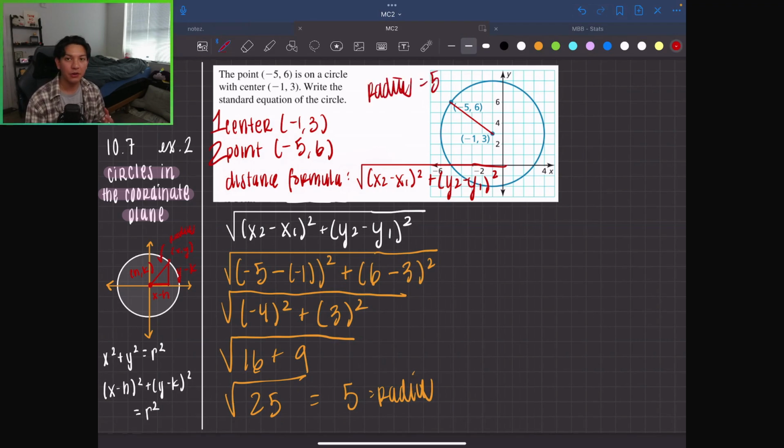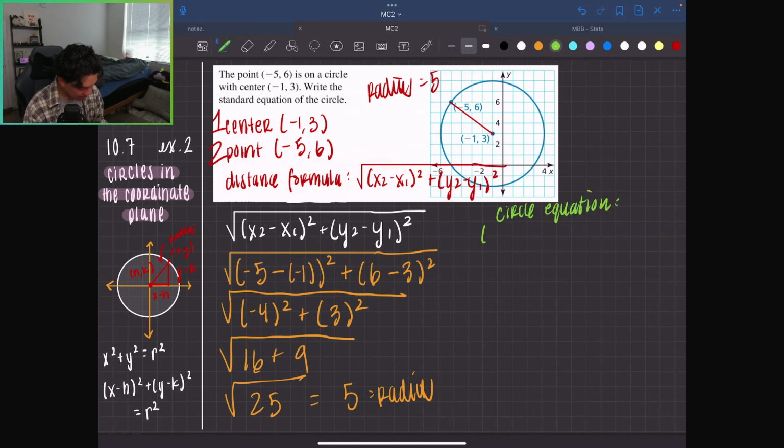And we're going to be using that radius and going to put that into our circle formula, our circle equation. So let's go to our equation of a circle. Our equation of a circle is x minus h squared. I'll do a different color. This is our circle equation.